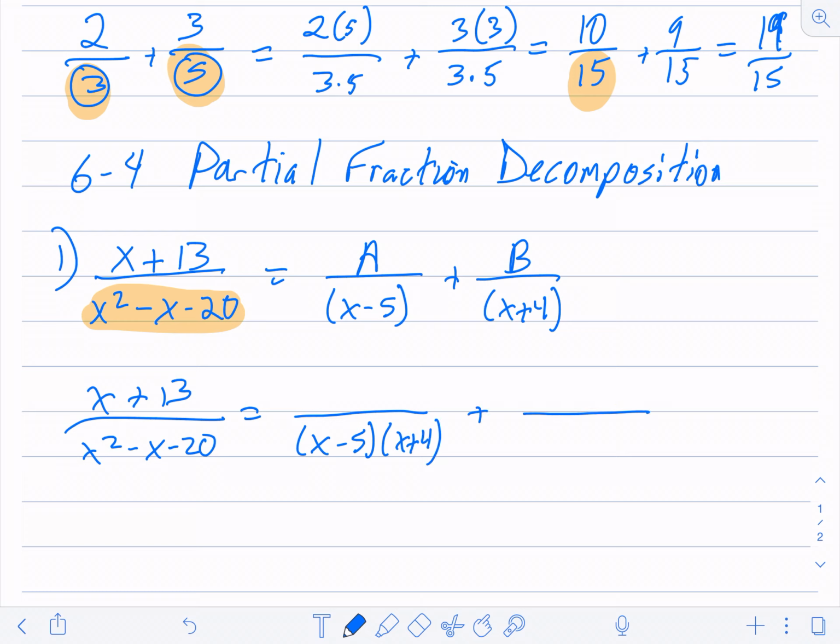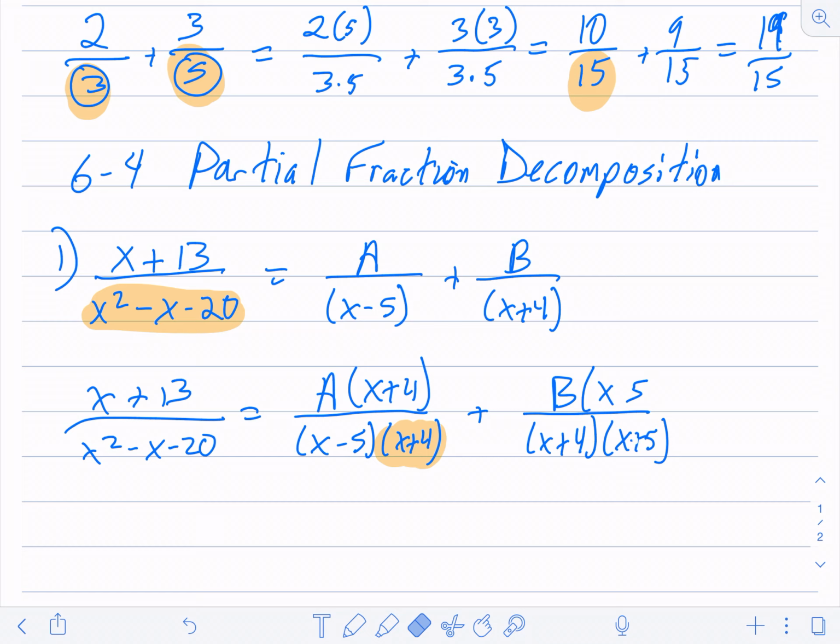And I'm also going to say, this is going to be an x plus 4, and I'm going to have to put an x minus 5 here. So now they have the same denominator. Well, when I put this x plus 4 in the denominator here, that means that a is also going to get multiplied times x plus 4. And on this one over here, when I put an x minus 5 in this denominator, that meant that b would have to get multiplied times x minus 5.